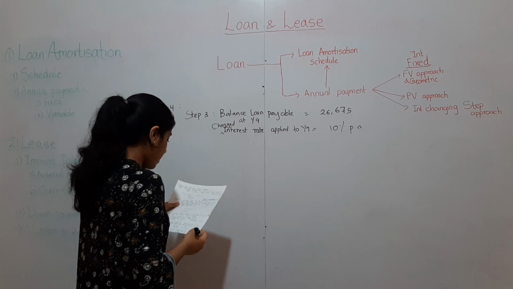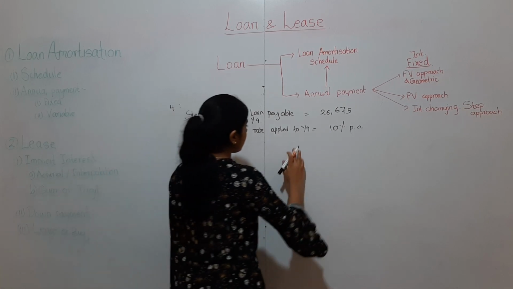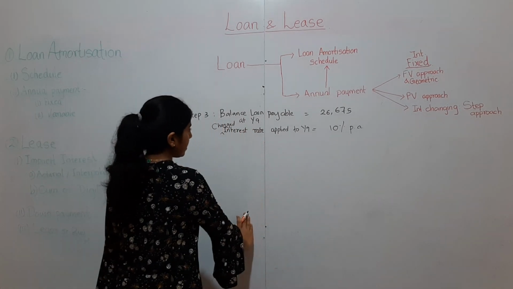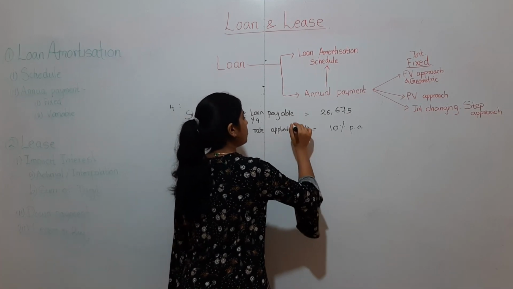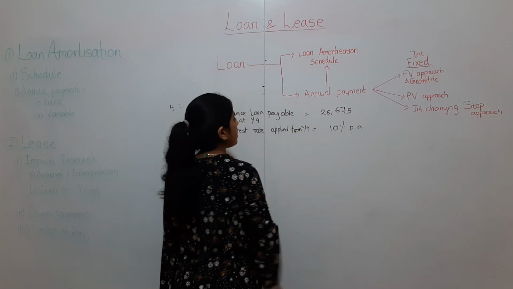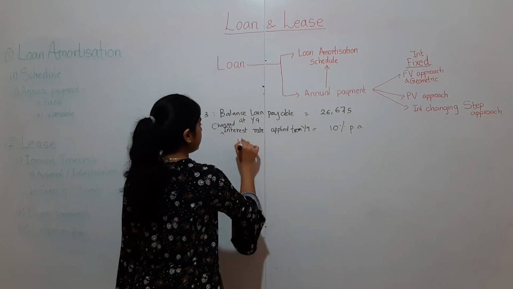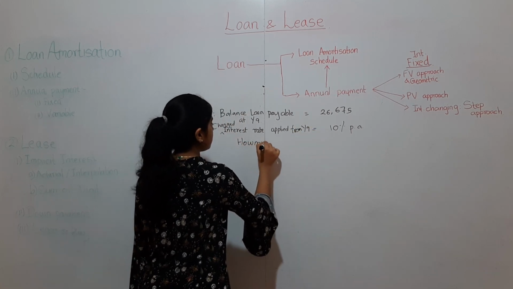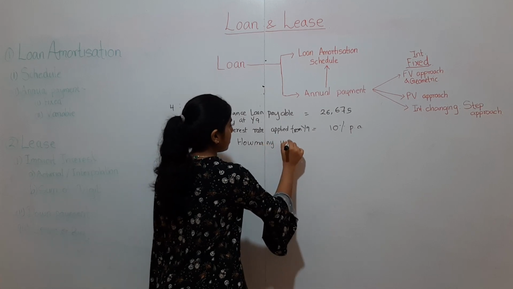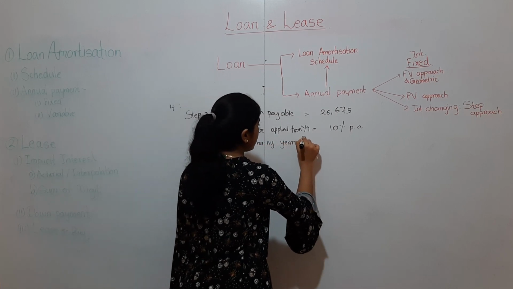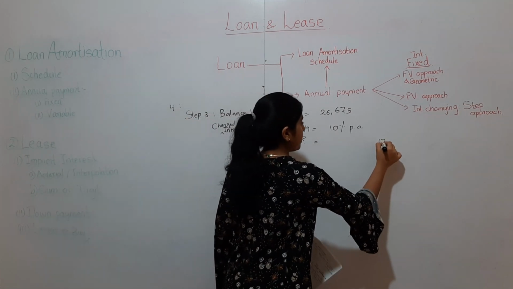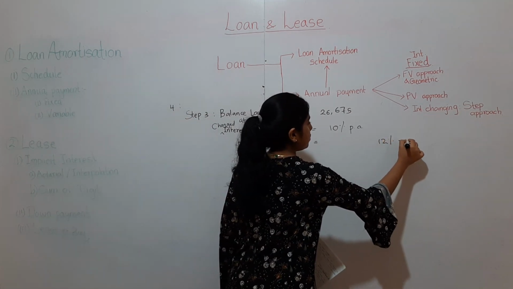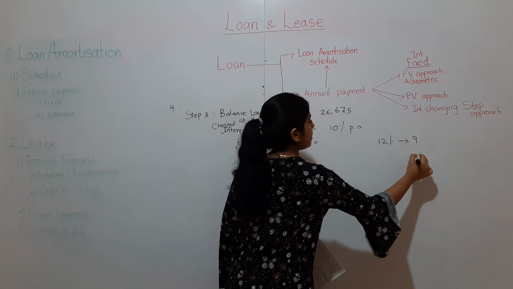That means the interest rate now applies from year 9. How many years does this interest rate belong to? The initial interest rate of 12% belongs to 9 years.